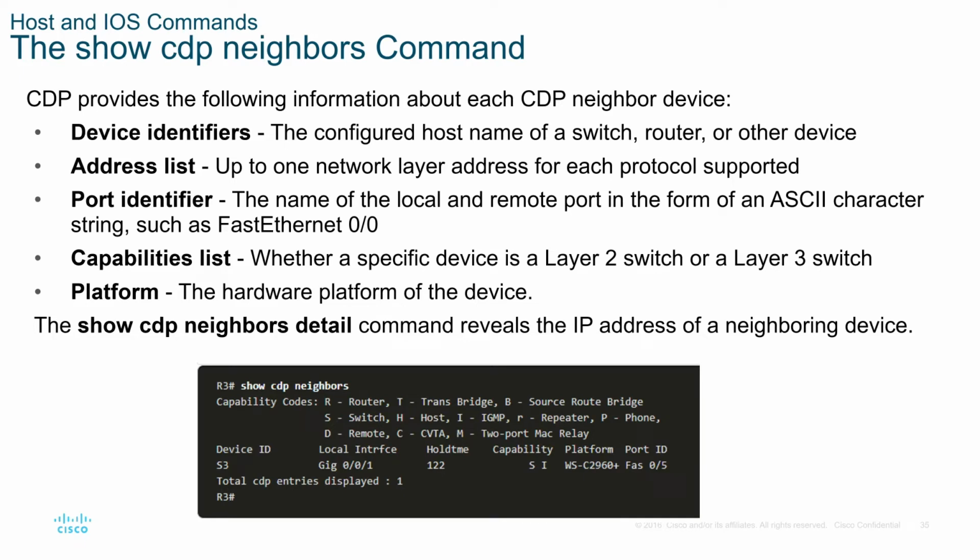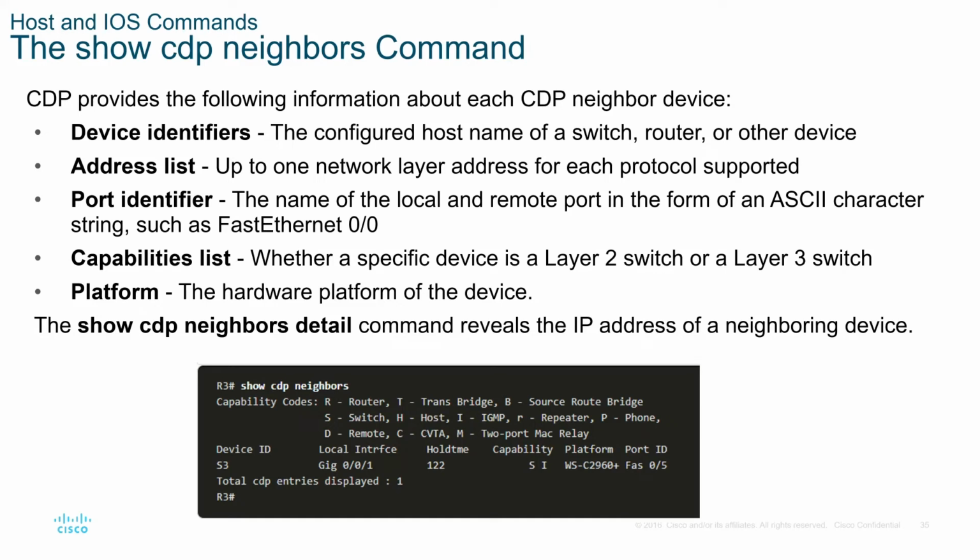CDP will also provide device identifiers, the configured host name of a switch, router, or other device; the address list, up to one network layer address for each protocol supported; port identifiers, the name of the local and remote port in the form of an ASCII character string, such as FastEthernet 0/0; a capabilities list, showing whether a specific device is a layer 2 switch or a layer 3 switch; and the platform, the hardware platform.